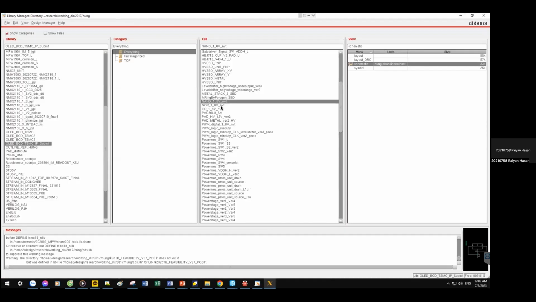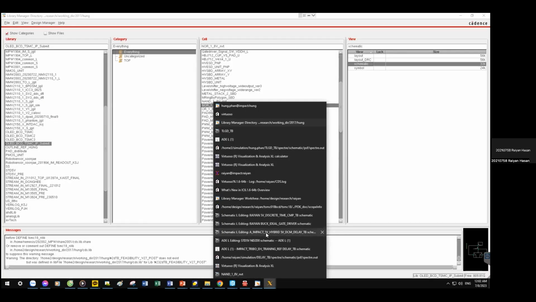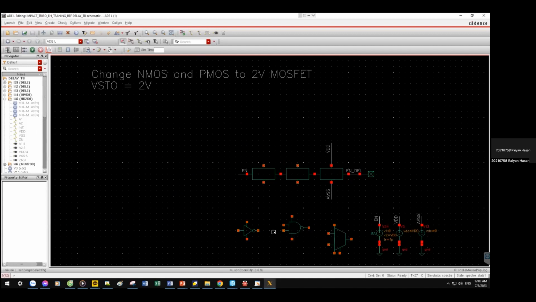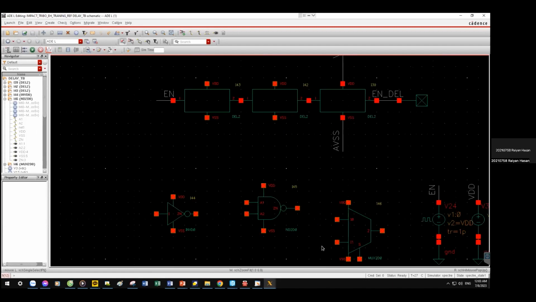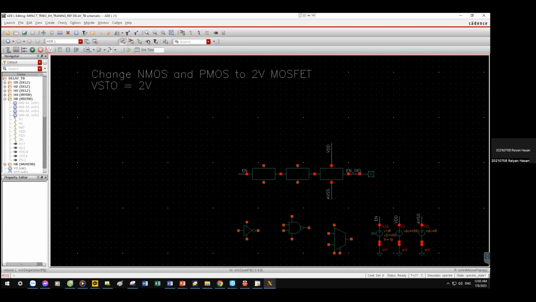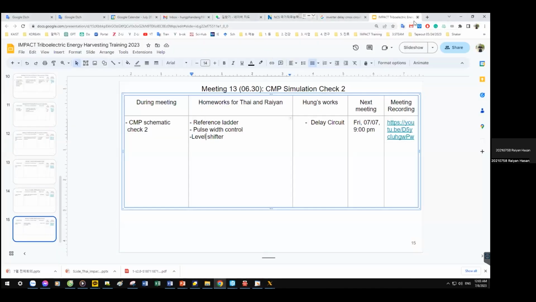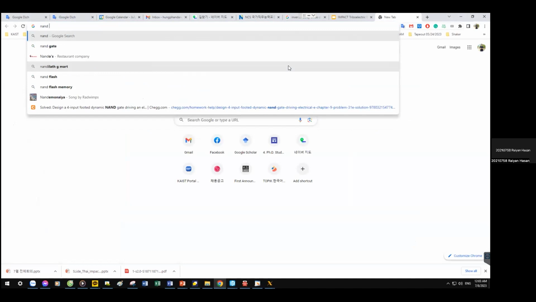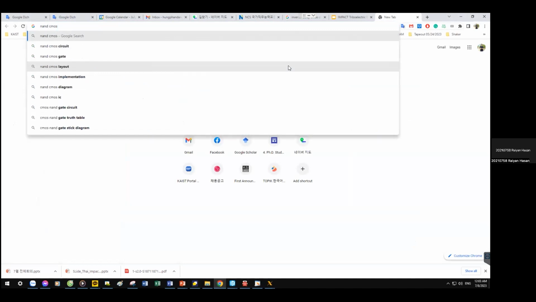So I think you guys have to make this logic gate by yourself. This is not difficult. So you can make a not gate, and you can make a NAND gate circuit.